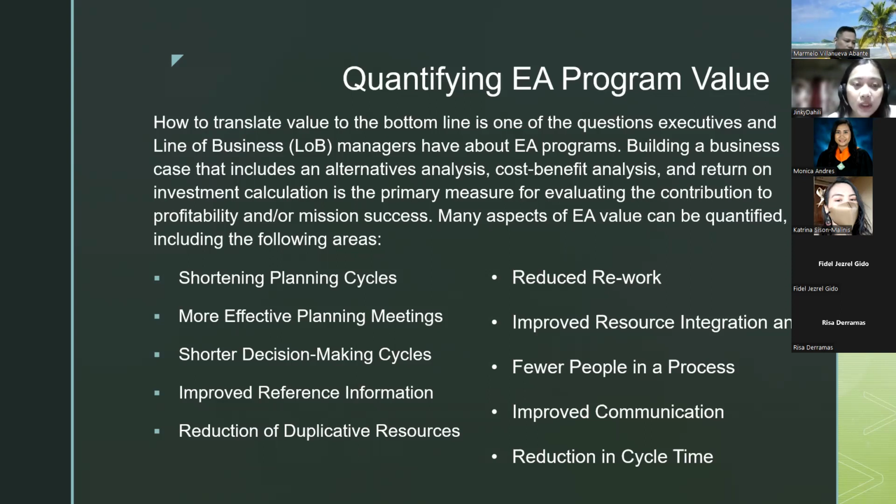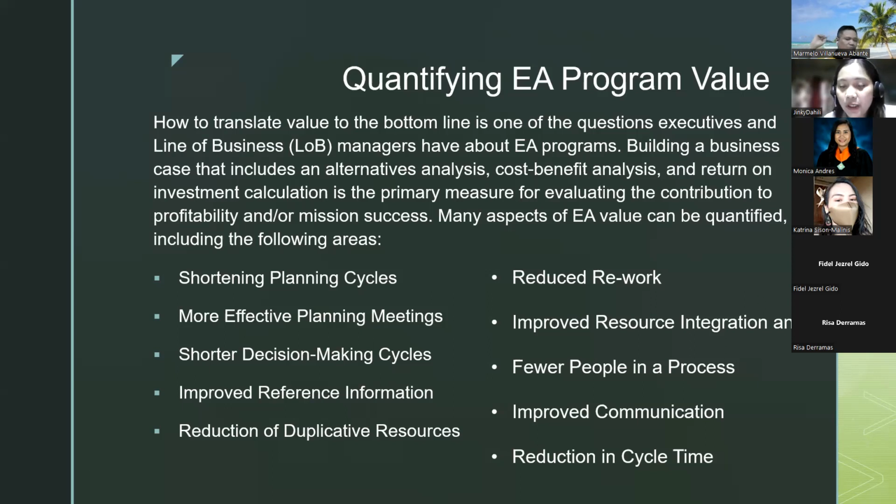So, shortening planning cycles, more effective planning meetings, shorter decision-making cycles, improve reference information, reduce duplicative resources, reduce rework, improve resource integration and performance. You will have fewer people in the process. It will improve the communication and it will reduce the cycle time.